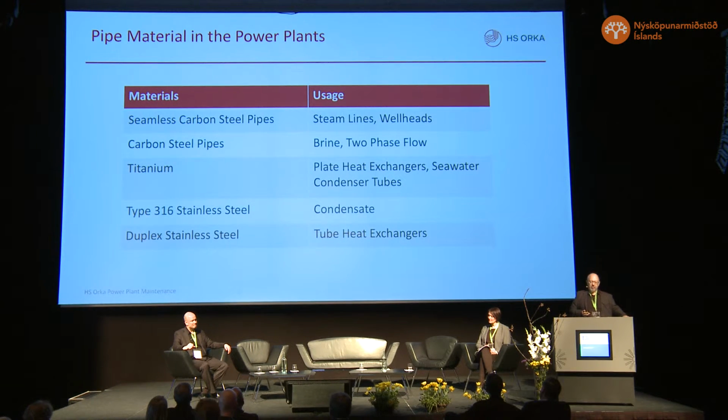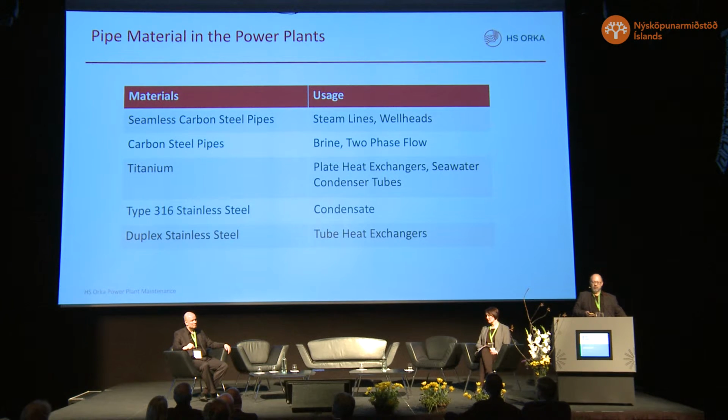In the pipelines, we must be careful of choosing the right material. We use seamless carbon steel pipes for steam lines and wellheads. Ordinary welded steel pipes can be used for brine and two-phase flow pipelines.